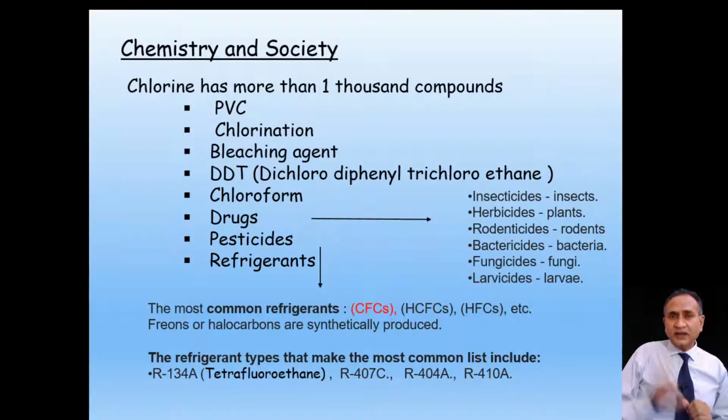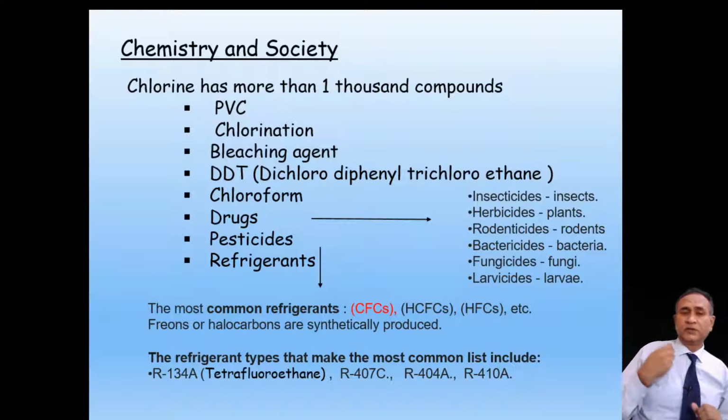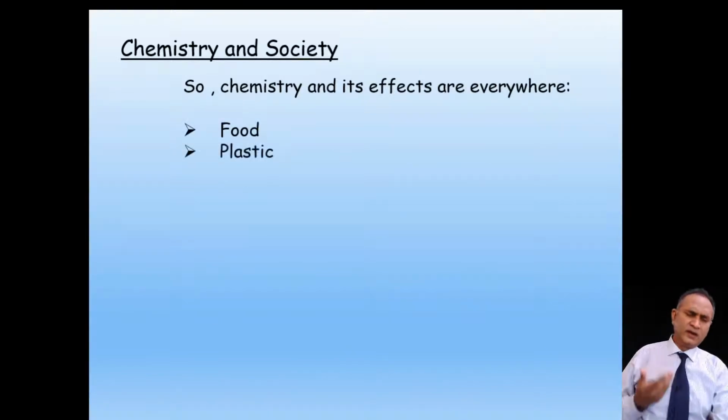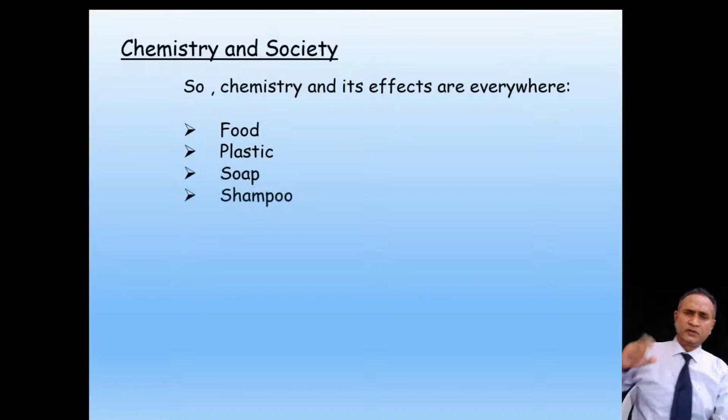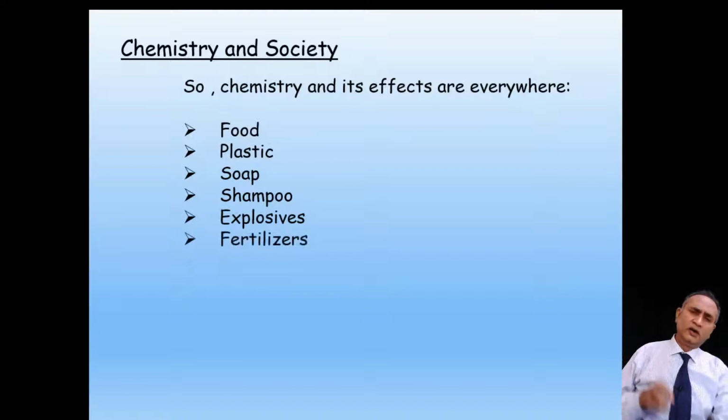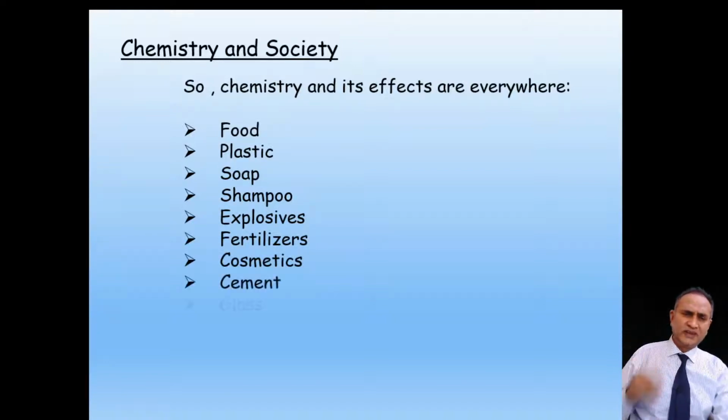So we discussed only chlorine, and we came to know that chemistry is really very important. It plays a very vital role in our daily life, right? Chemistry and its effects are everywhere, like different kinds of food, be it butter or margarine or tomato ketchup or this sauce or that sauce.